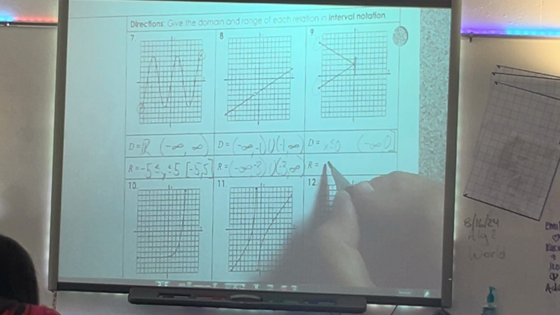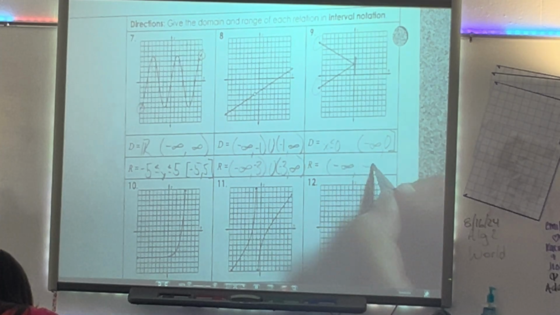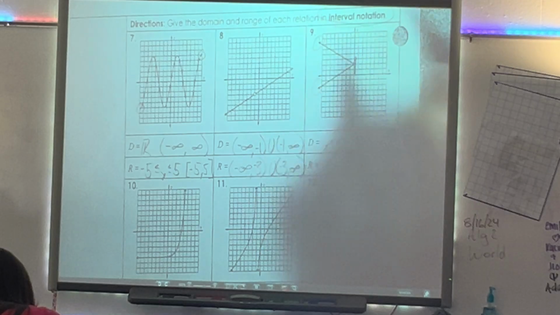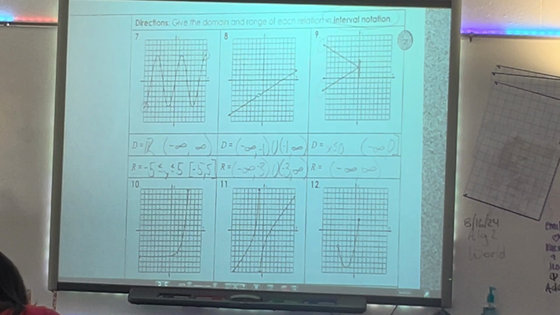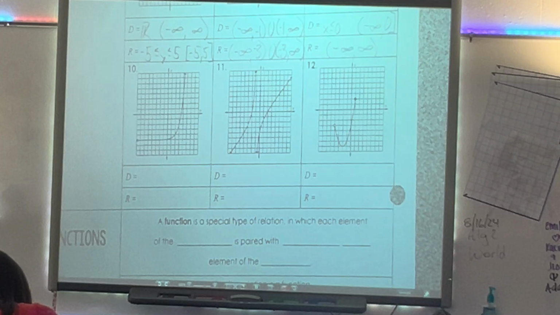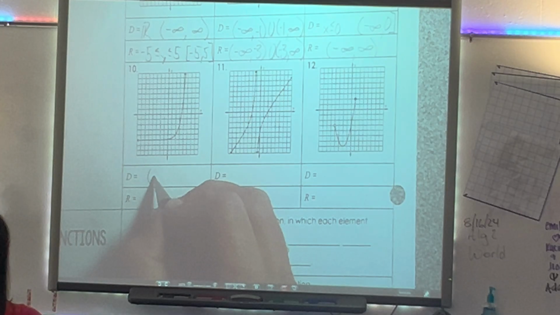Alright, and range would be negative to positive. If they're asking you for the interval, sometimes I can do both, but write it how they want it. Okay there? Questions at all, or we're good? All good, okay. Alright, so here, it's like negative to positive.